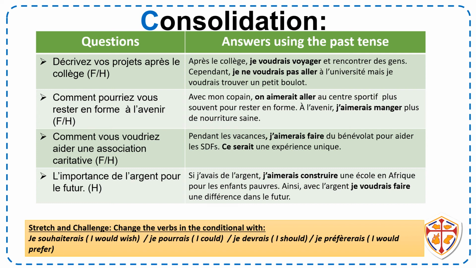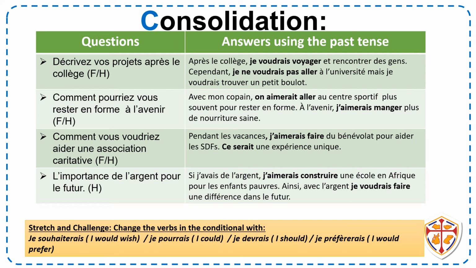Therefore, if you want to stretch and challenge yourself, you can change the verb in the conditional with je souhaiterais, which means I would wish, or je pourrais, I could, or je devrais, I should, and je préférerais, I would prefer. You can also add other complex structures such as intensifiers, très, vraiment, assez, or other complex structures that we have learned in school.